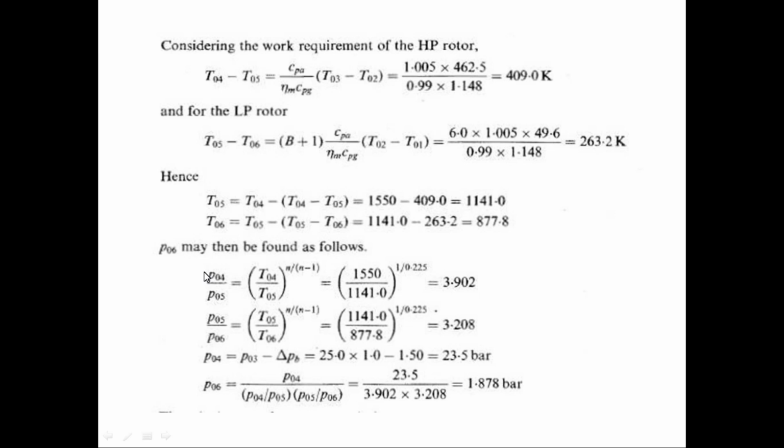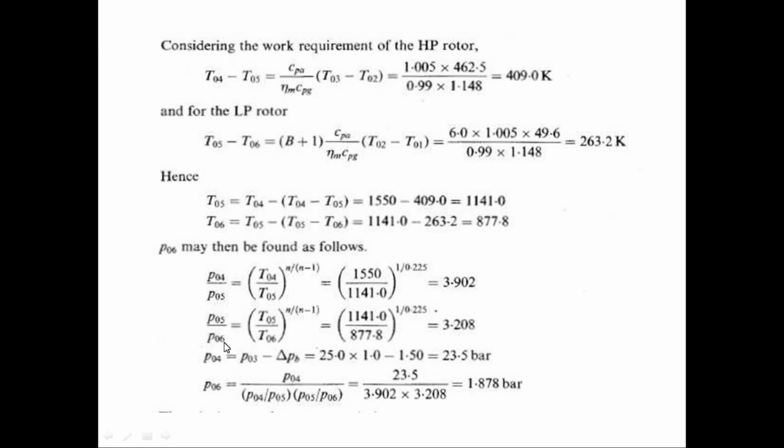Now for the calculation of the P06, if you recall, P04 by P05 is T04 dash by T05 dash raised to power n over n minus 1. So T04 and T05 are given. So you can find out the value of P04 by P05, which is 3.902.